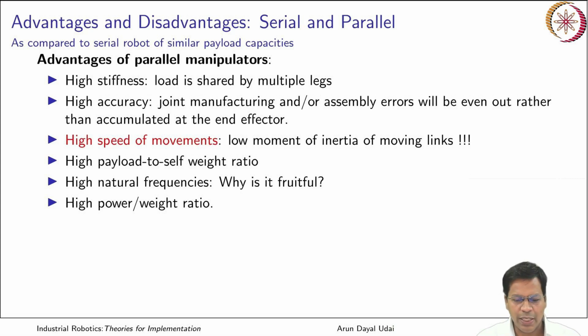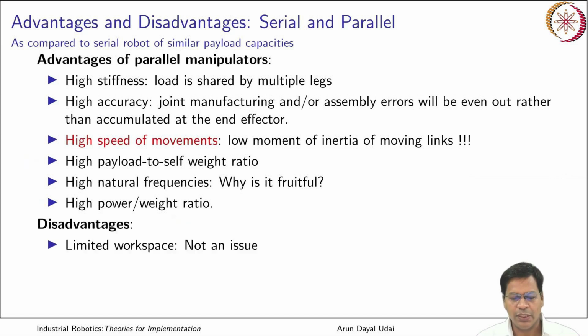Okay, so it has, again you see, high power to weight ratio. So it draws very less power for the same payload capacity robot as compared to a serial robot. It is different from payload to self weight ratio. Okay, so yes, you have already seen it has limited workspace, but it is not an issue if you plan your workspace properly.